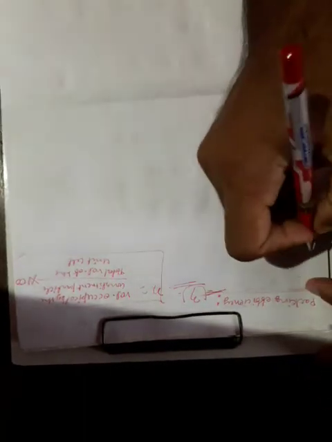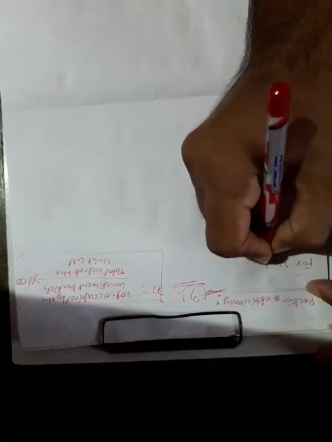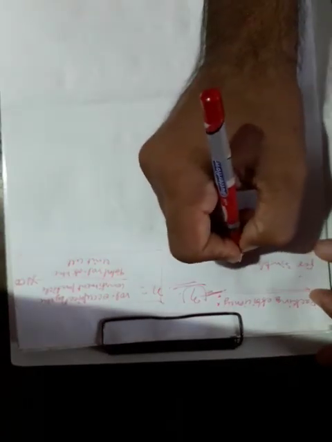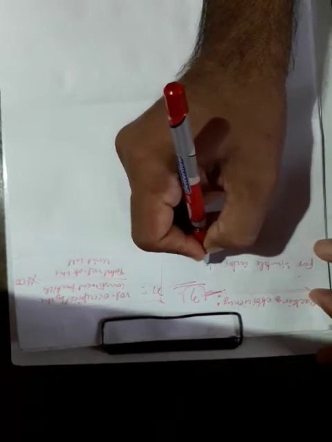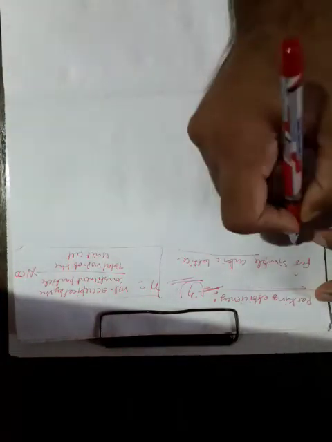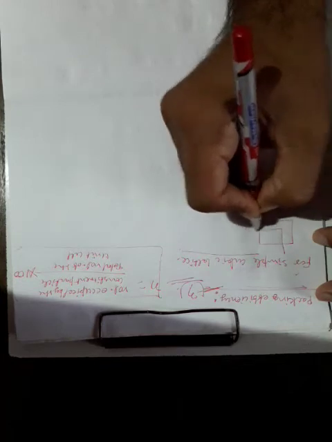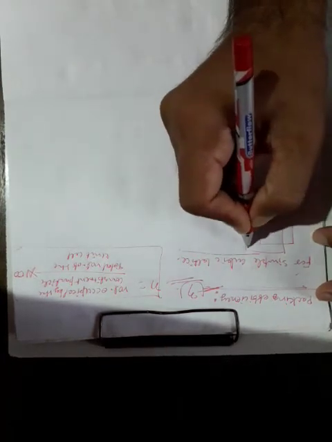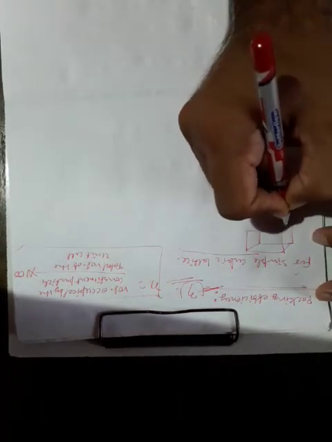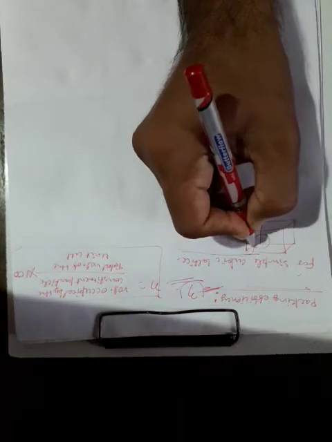Packing efficiency for simple cubic lattice. In the unit cell of this lattice, the constituent particles are located only at the corner of the unit cell.